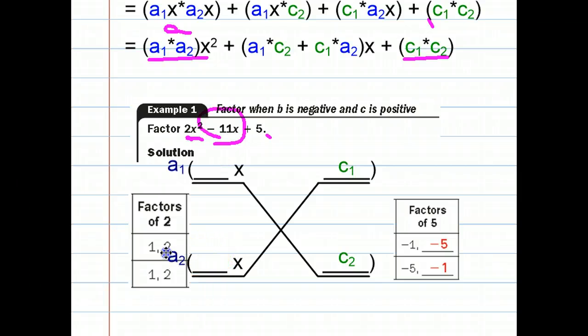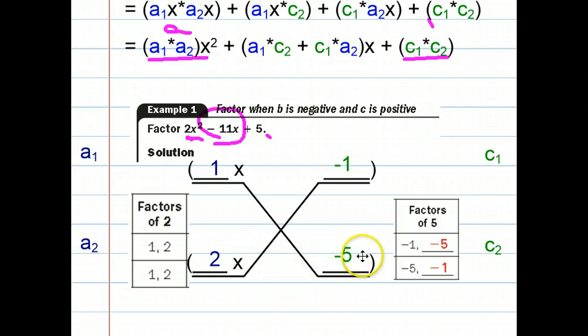There's only one pair of numbers that multiply together to give you 2, that's 1 and 2. And because 5 is a prime number, there's one set of numbers that multiply together to give you 5, and that's negative 1 and negative 5, or positive 1 and positive 5.